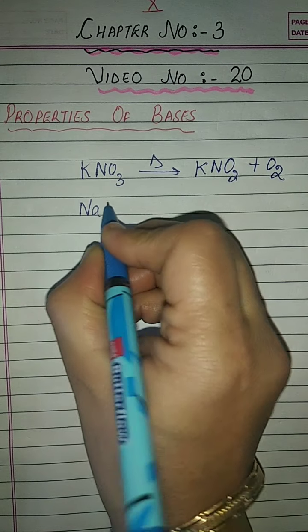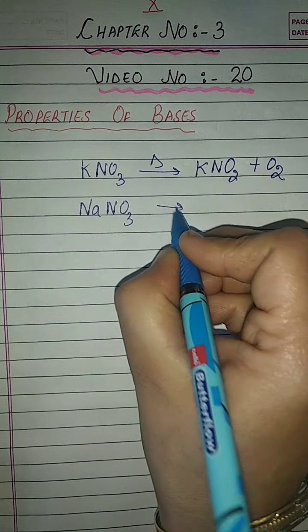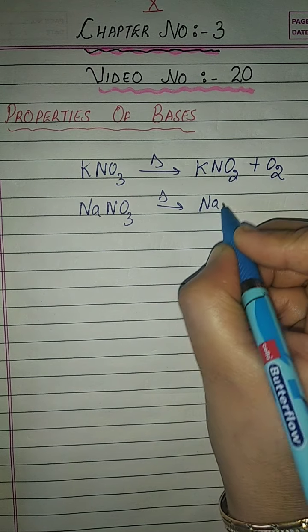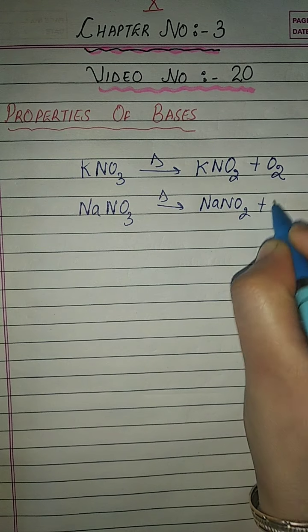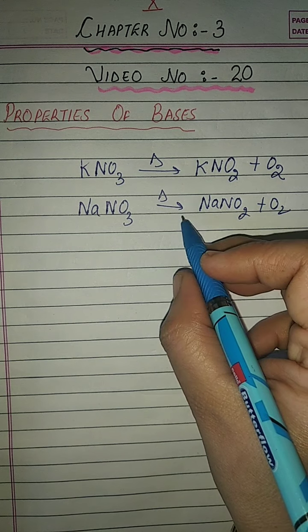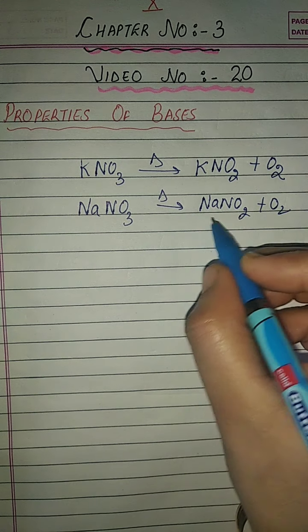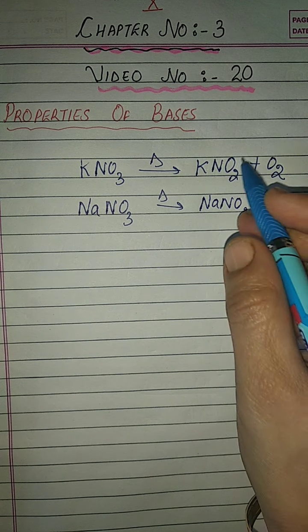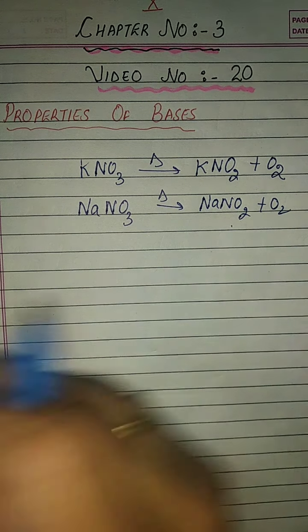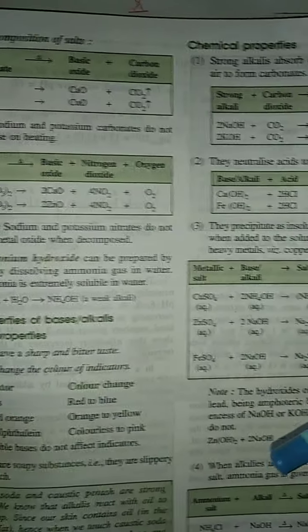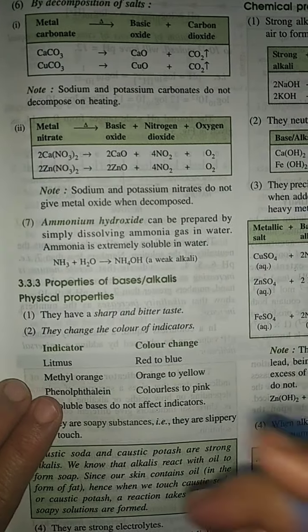Same way, sodium nitrate also decomposes to give us sodium nitrite, that is NaNO2, and O2. They never decompose to give us metallic oxide and NO2 gas due to their high reactivity.